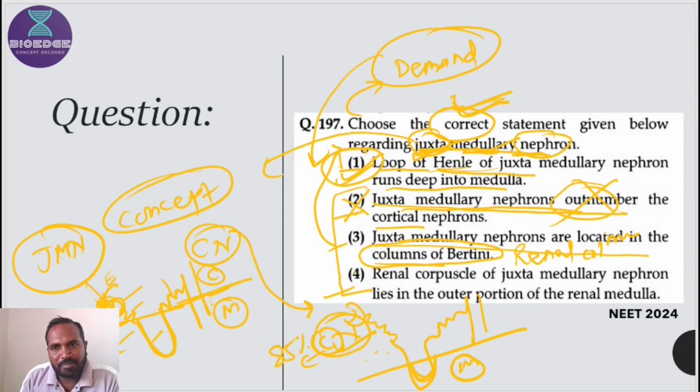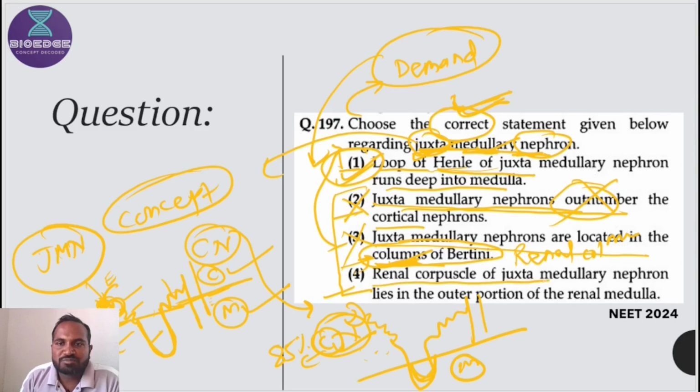It is the extension of cortex into medulla, the region present between the pyramids. These nephrons are present in both the cortex region as well as the medullary region. That's why we cannot say that juxtamedullary nephrons are present only in the columns of Bertini. So this is the wrong statement.